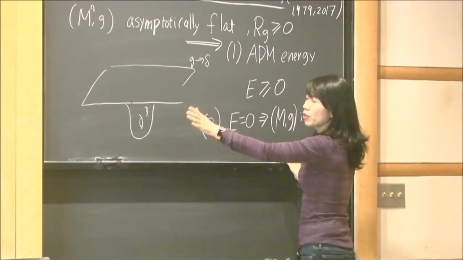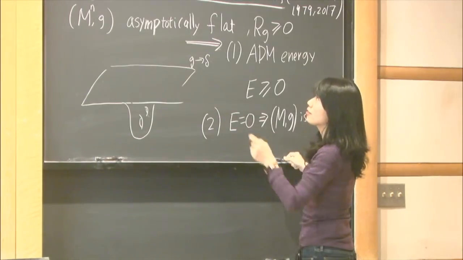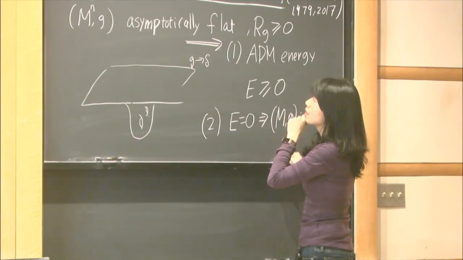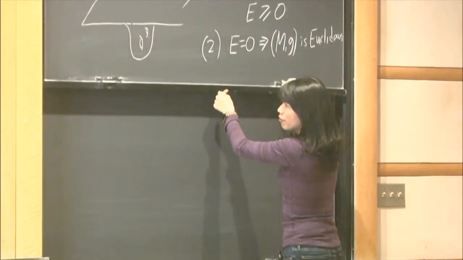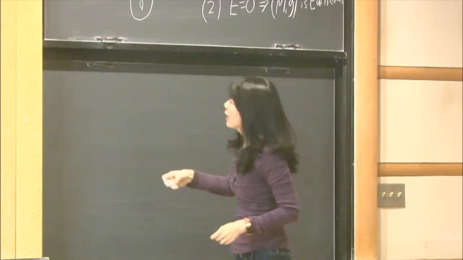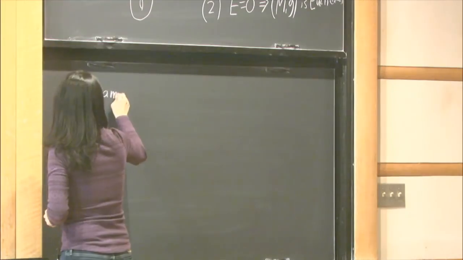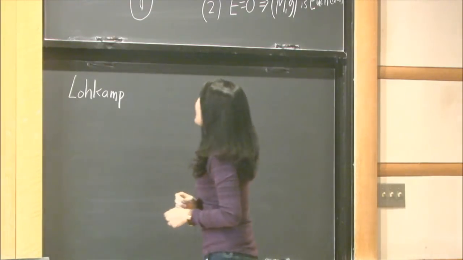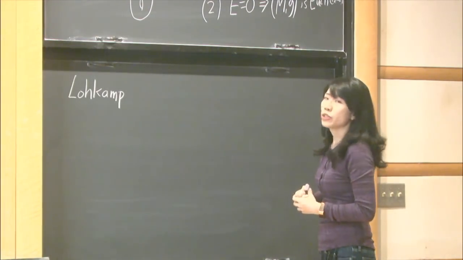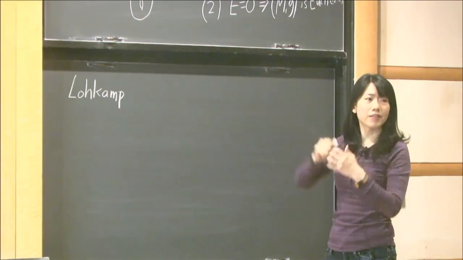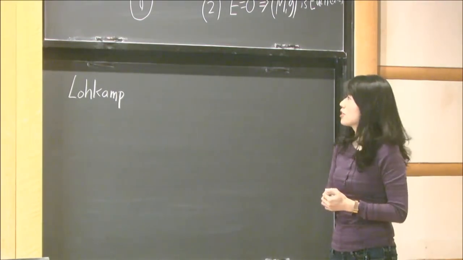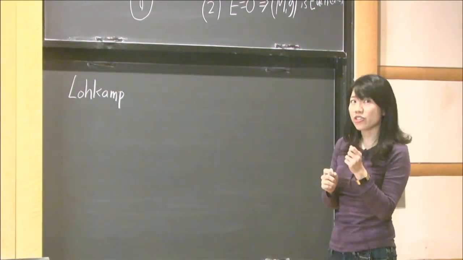So these two statements look quite different, the torus theorem and the Riemannian positive mass theorem. But there was a very interesting observation by Lohkamp. He has a procedure to compactify this unbounded manifold to become torus type, assuming the energy is negative.